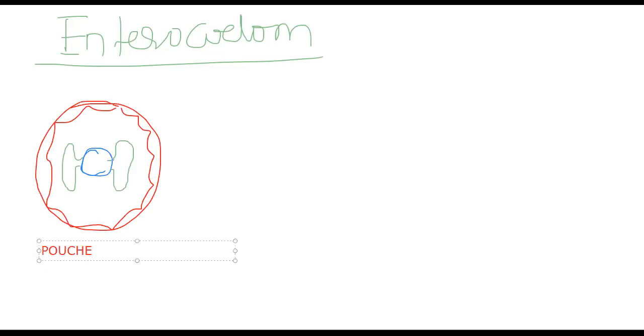Archenteron is nothing but the gut which endoderm lines. The cavity between the ectoderm and endoderm is the primary body cavity. Now in the pouches, what is developed? Secondary body cavity is developed in the pouches.